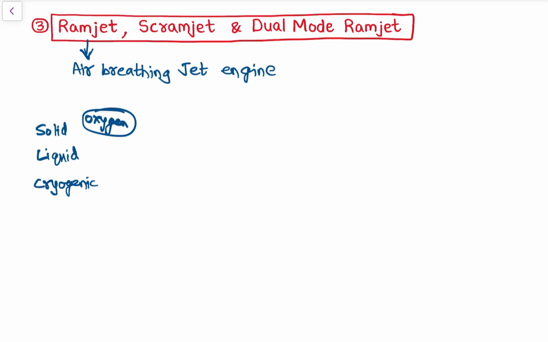So उसके लिए भाई ऑक्सीजन हमें हवा से मिलती है, right. अगर हवा से नहीं मिल रही है तो we need to take the oxidizer along with the substance, right?